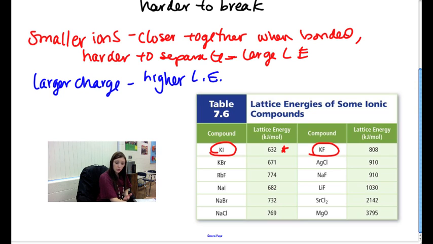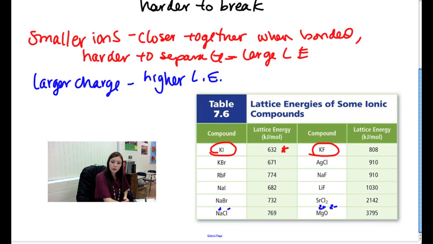If we look at it charge-wise, if you look at NaCl, Na is a plus and Cl a minus, and Mg is a 2 plus and O a 2 minus. Because Mg wants to lose 2 electrons to look like a noble gas, whereas O wants to gain 2 electrons to look like a noble gas. Sodium only needs to lose 1, chlorine only needs to gain 1 to look like a noble gas.